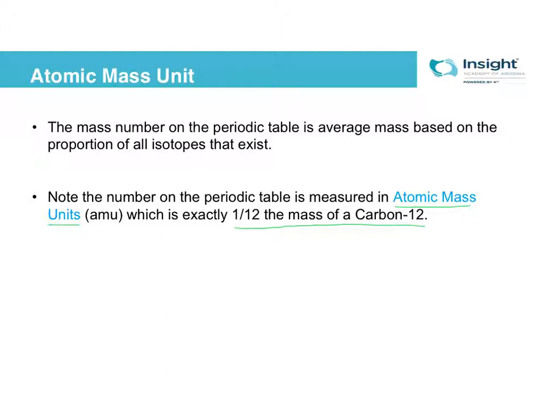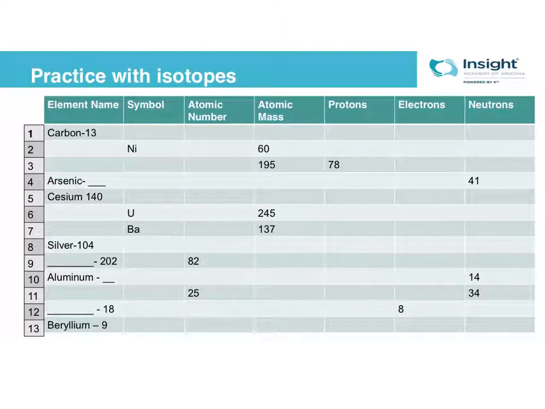Protons and neutrons are equal to each other in weight, so we know there's 12 of them total, so a single atomic mass unit is just how big one of those is. Just something that you want to know.